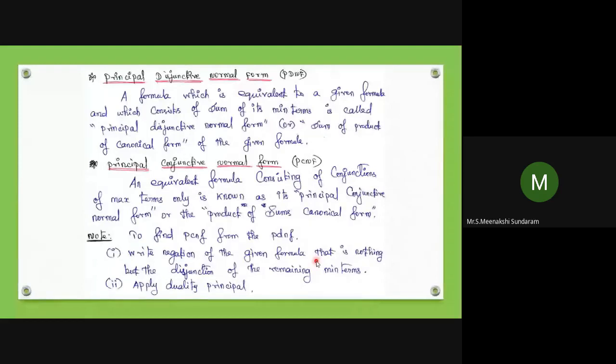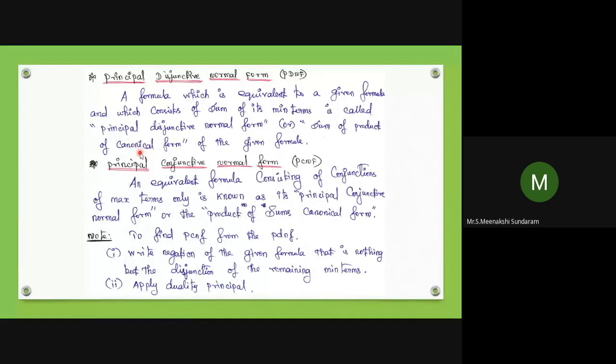PDNF is the principal disjunctive normal form. PCNF means principal conjunctive normal form. The PDNF is a formula which is equivalent to a given formula and which consists of a sum of its minterms, called the principal disjunctive normal form, or sum of products canonical form. Canonical means all the variables should be present.